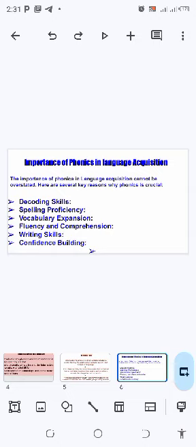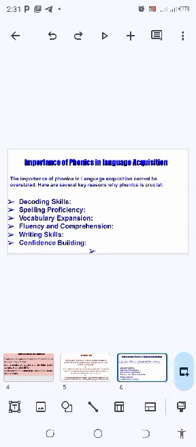I told you letters are like codes written. So for us to be able to decode the letters written, to pronounce them and make meaning of these letters that we are reading, you need phonics. That's decoding skills.